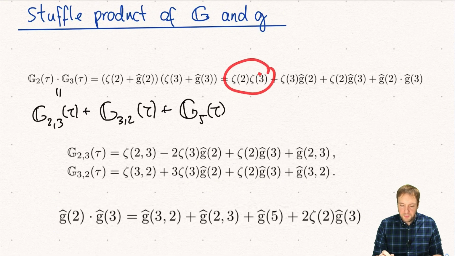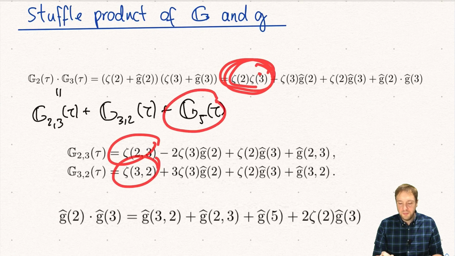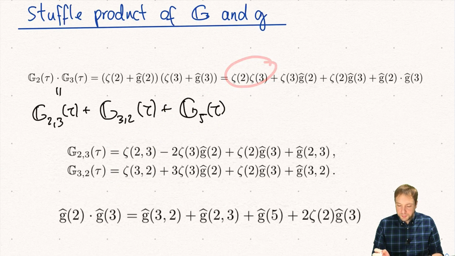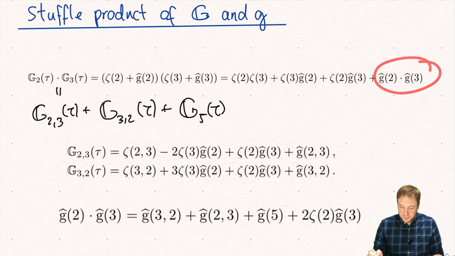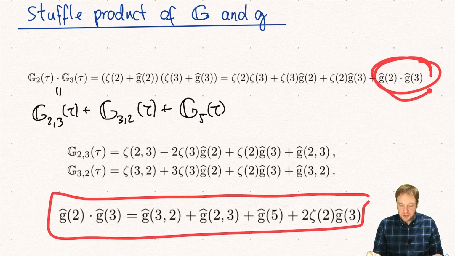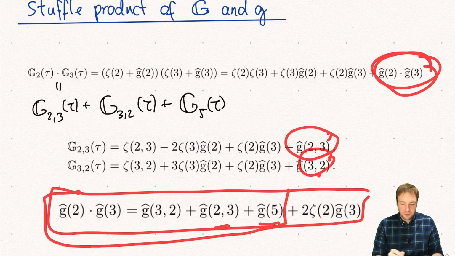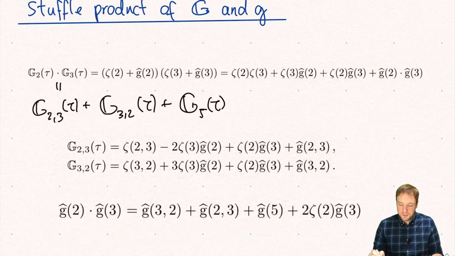So first notice, if you look at the constant term of these and also G5, then this is just the Stafford product for the zeta values. And from the rest you see that this product here can be written as G32 plus G23 plus G5. So this somehow corresponds to the Stafford product, but we also have this extra term here.